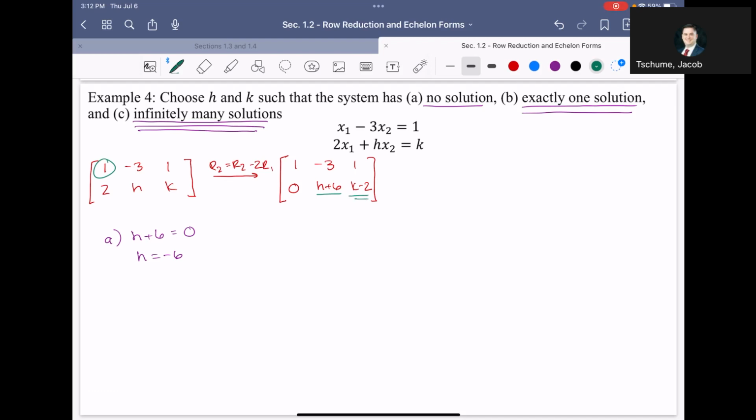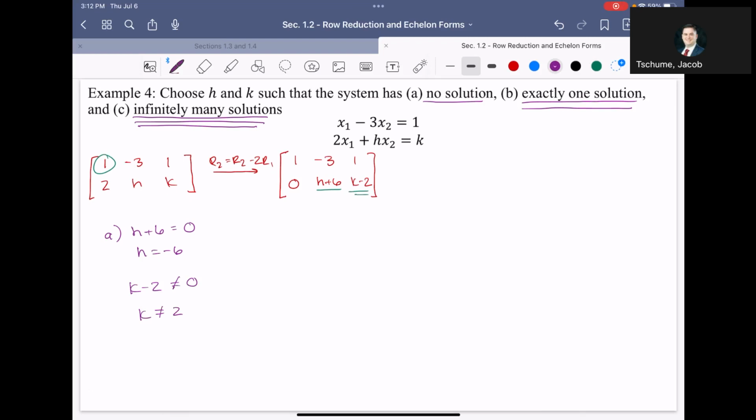Because if they're both 0, that's the answer for infinitely many solutions, and that's part C's answer. For it to be no solution, you need the K minus 2 to be anything other than 0. So if you solve that, we can see that K cannot be 2. So for part A of this problem, if you want to force a no solution answer, you need to force H to be -6 and K cannot be 2.